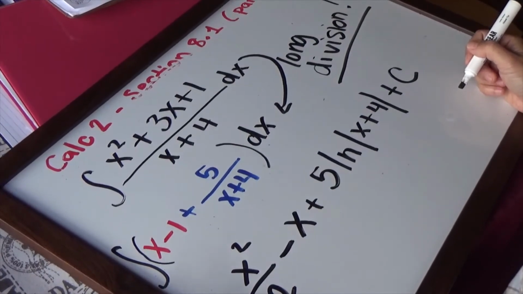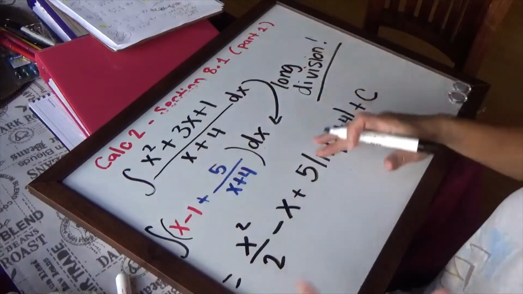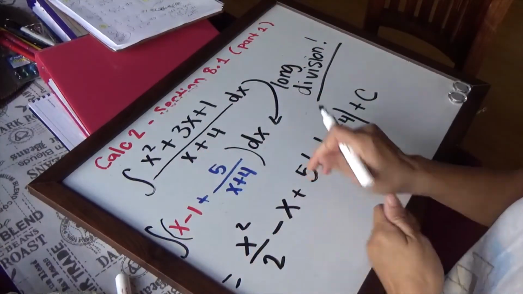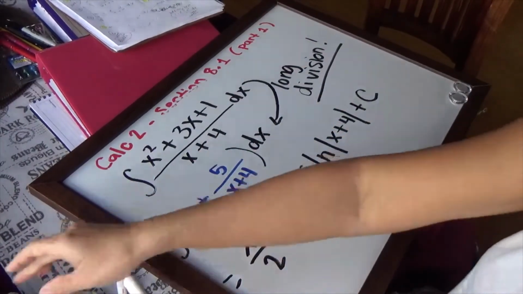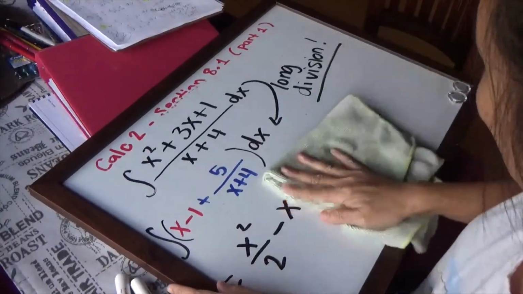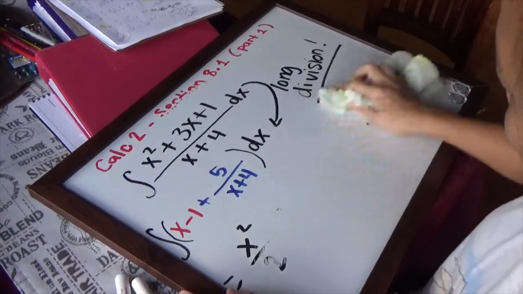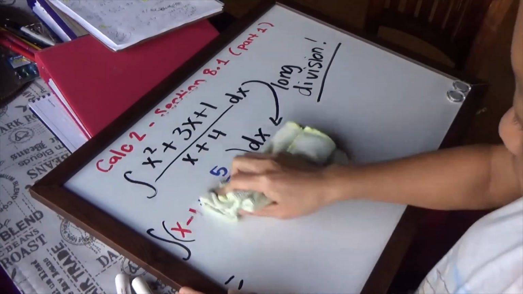Now, another thing that is related to this long division or polynomial division is this right here. I'm going to give you an example and you can see how that works.